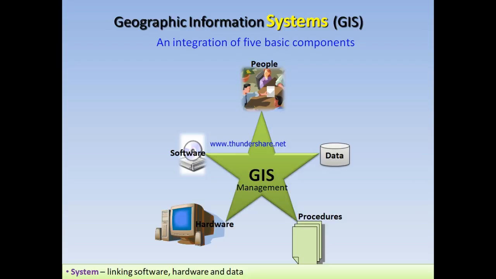Then software. GIS software provides the functions and tools needed to store, analyze, and display geographic information. Then data, most important. Perhaps the most important component of a GIS is the data. Without data, you can't do anything.